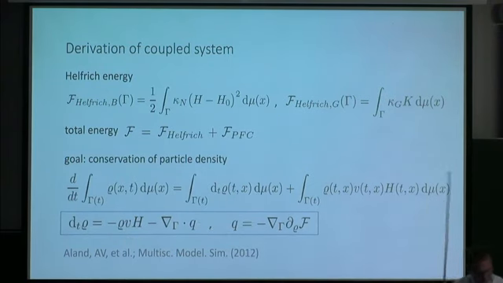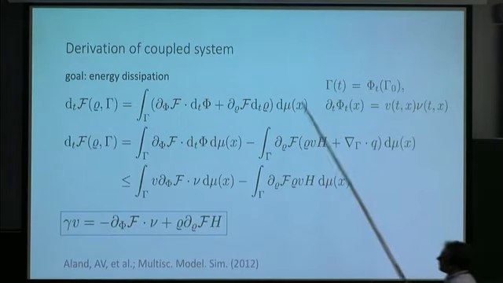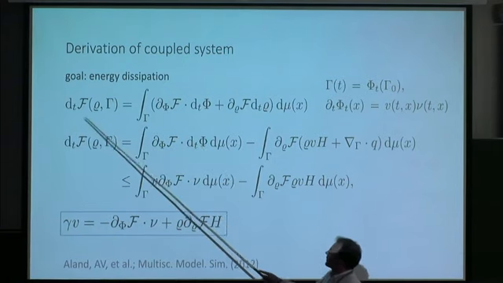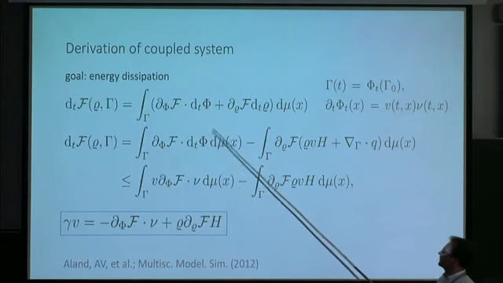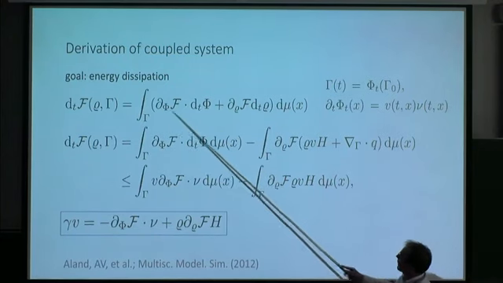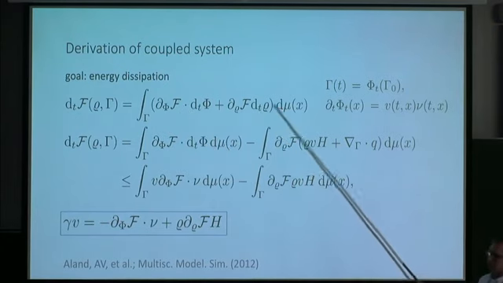And then the second ingredient I would like to fulfill is energy dissipation. So I parameterize my interface Gamma, with v being the normal velocity. And now I compute the variational derivative or the time derivative of my energy in such a way that I decouple the two things. So here I have the evolution of the interface, and here I have the evolution of the particle density.